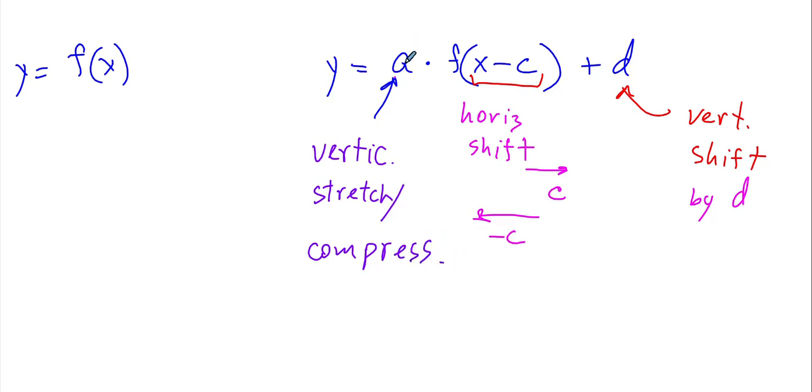If A is a fraction, then it's compressed, getting flatter. Using the quadratic example, if A equals 1/10, it would be a very wide open, slow-rising parabola.